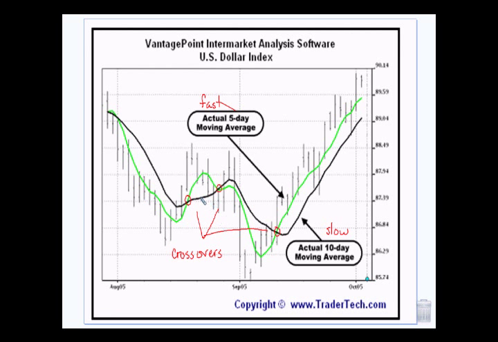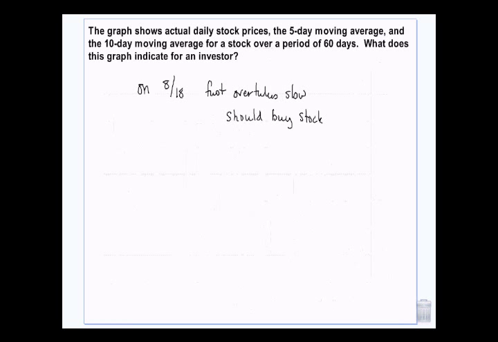And if we come back here, so we had the 18th, 19th, 20th, 21, 22, 23, 24. On the 24th, the slow overtakes the fast. On that day, you should sell.